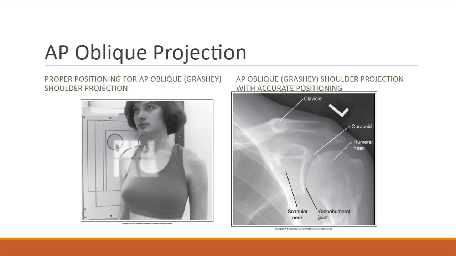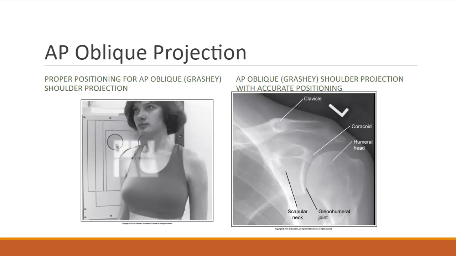If the patient is in a recumbent position, then the glenoid cavity is situated slightly superior and the clavicle is foreshortened, aligned vertically and superimposing the scapular neck. I have an image of that which I will show you.